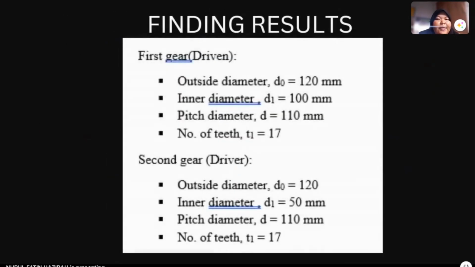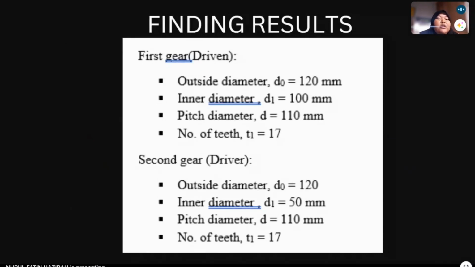Next, finding result. From what we get, the first gear driver, like the last slide said, the design outside diameter is 150 millimeter, internal diameter is 100 millimeter, pitch diameter is 110 millimeter, the number of teeth is 17.